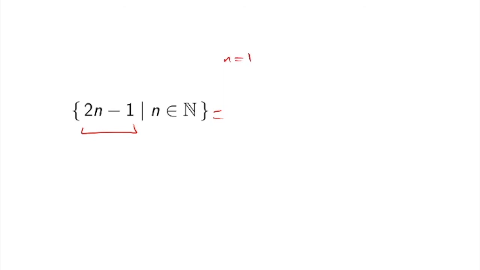So n equals 1, we have 2 times 1 minus 1. So the first element of the set will be 1. And then if we take n to be 2, so 2 times 2 minus 1 is 3. And then if you continue along with this pattern, then you end up constructing the set of odd numbers. So this is just another way of constructing sets. As long as you have a condition here, you can generate any set that you like.